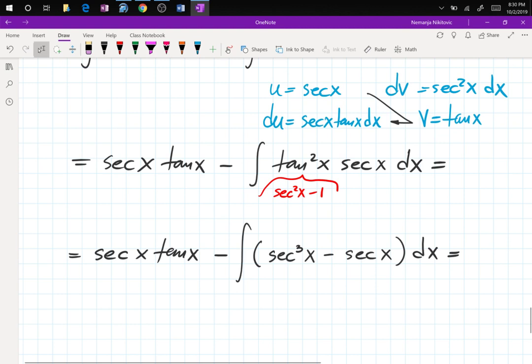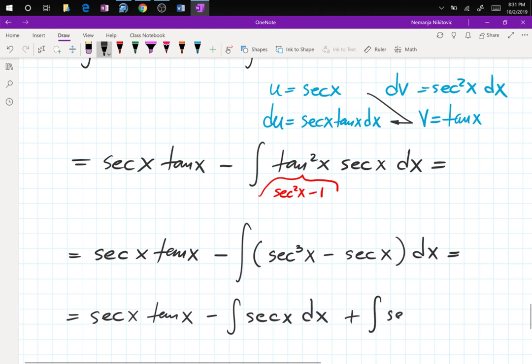And you can split the integrals. There we go.